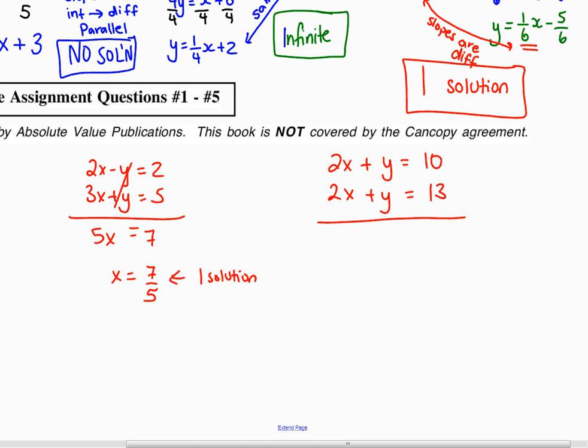So if I try to use elimination or substitution, what happens is the x's will cancel, and what else cancels? Y. So we're left with 0 equals, in this case, -3 when we subtract. So does 0 ever equal -3? No, it's not possible. And so if that ever happens algebraically to you, that's no solution. Because 0 can never equal -3.